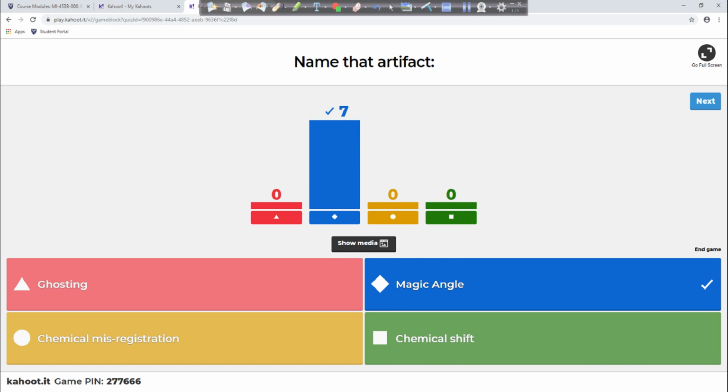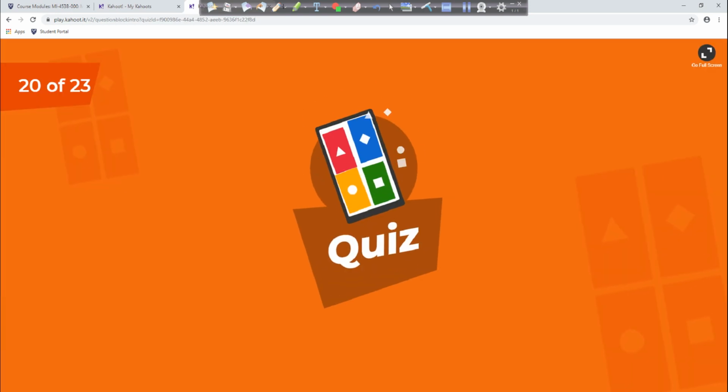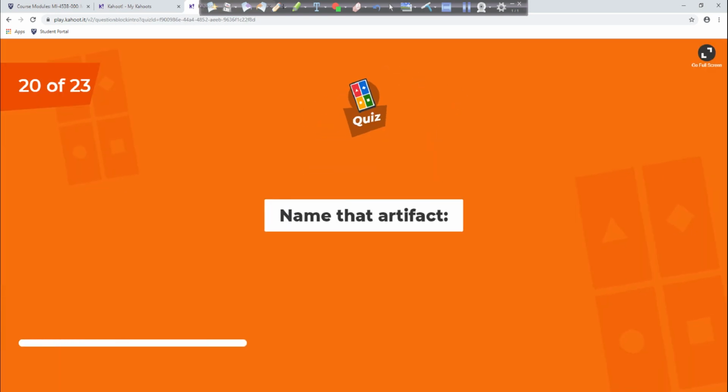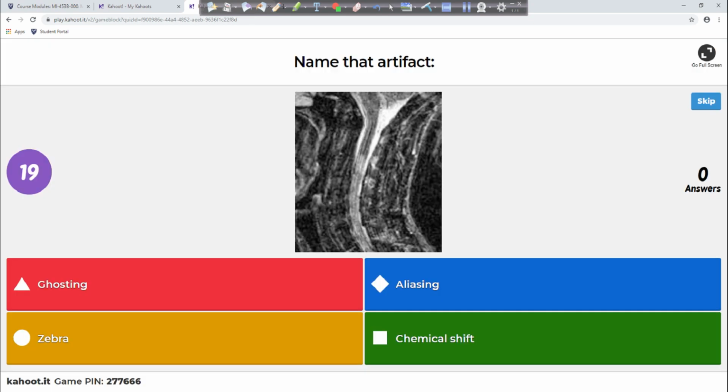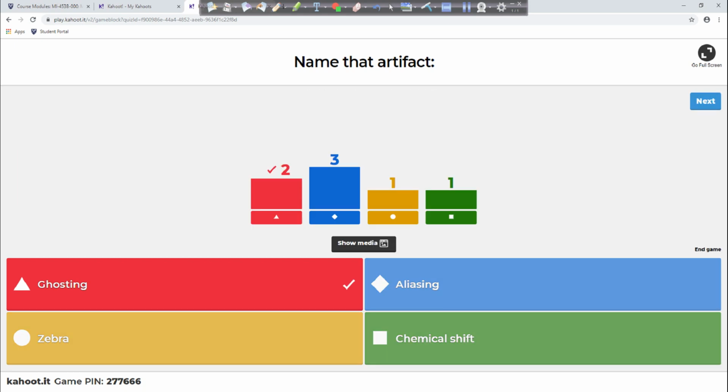What's the angle? 55. Ghosting, phase mismapping, motion, all the same artifact.